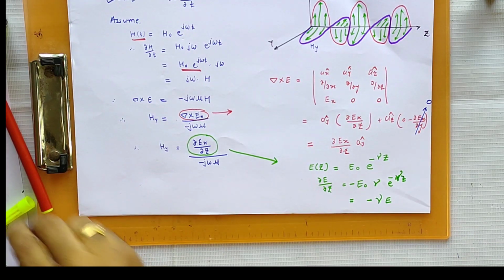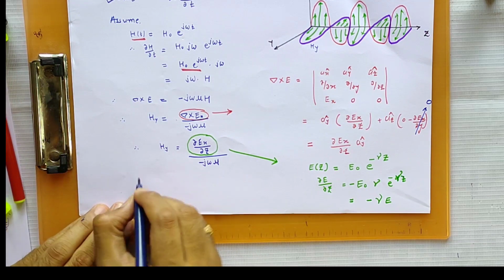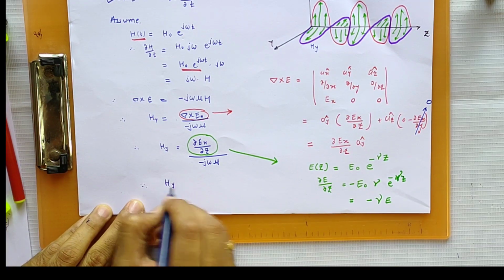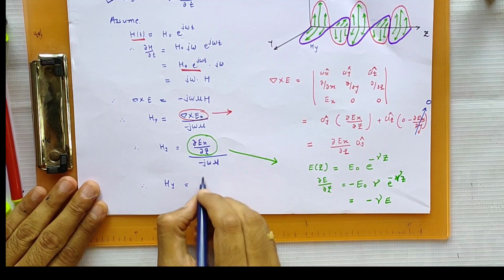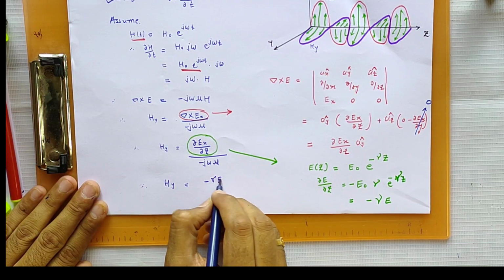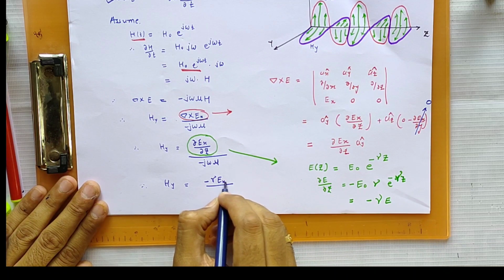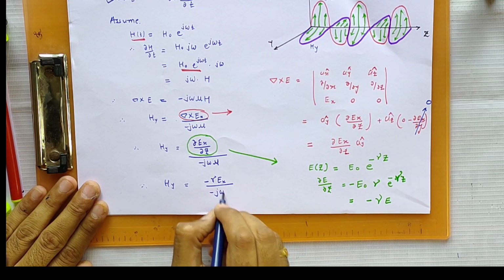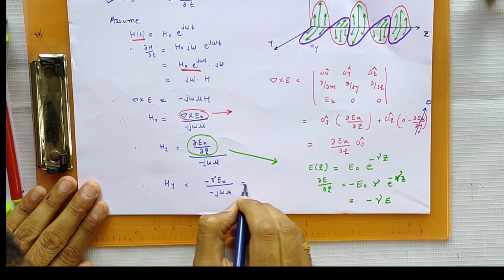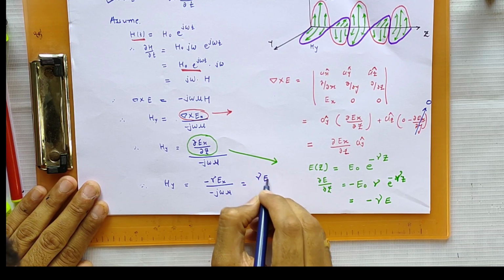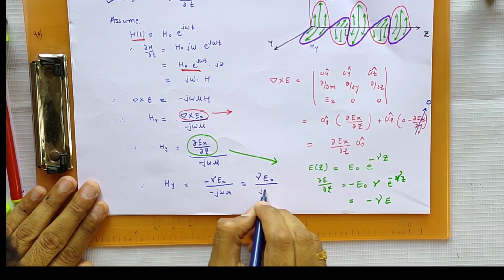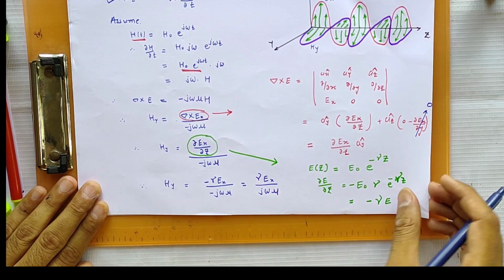So I can write Hy is equal to minus gamma Ex upon minus j omega mu. The minus terms cancel out, so it is gamma Ex upon j omega mu.